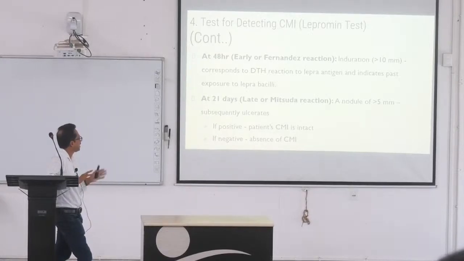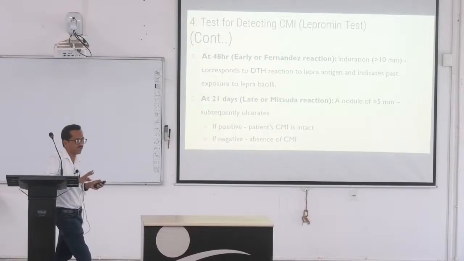If positive, it shows the patient's cell-mediated immunity arm is intact. If it is negative, there is absence of cell-mediated immunity. So induration more than 10 millimeter after 48 hours is the early or Fernandez reaction, and after 21 days is the late or Mitsuda reaction.